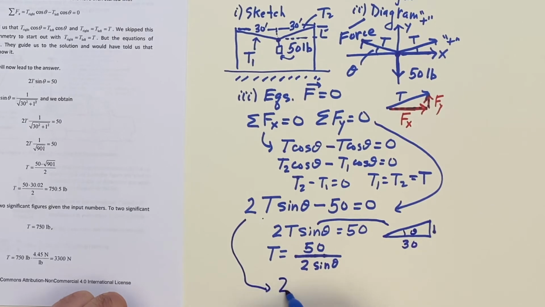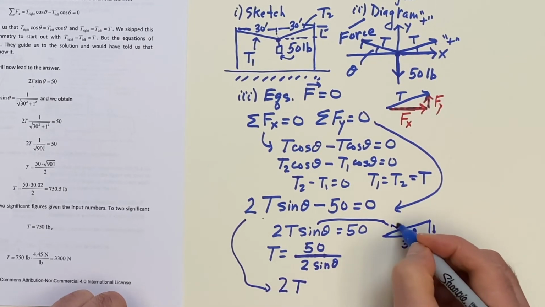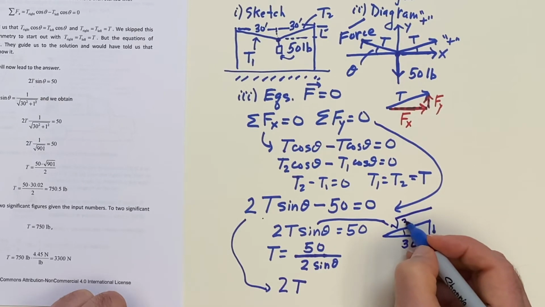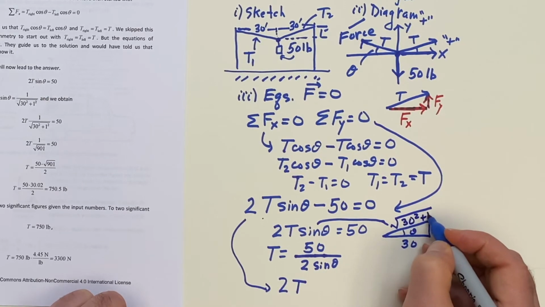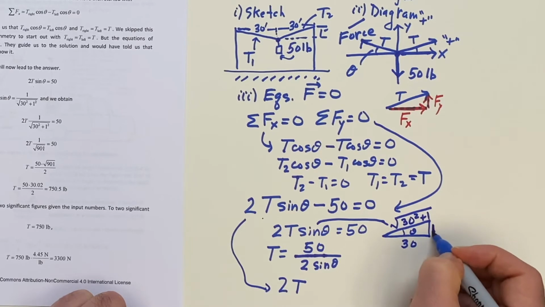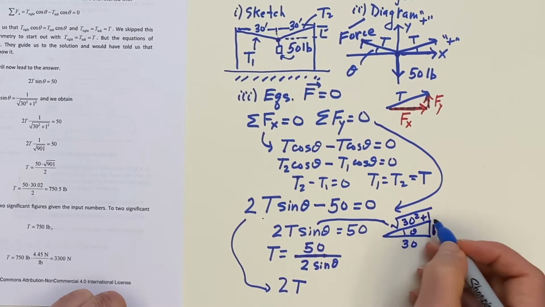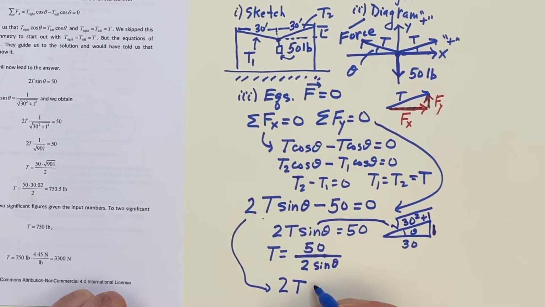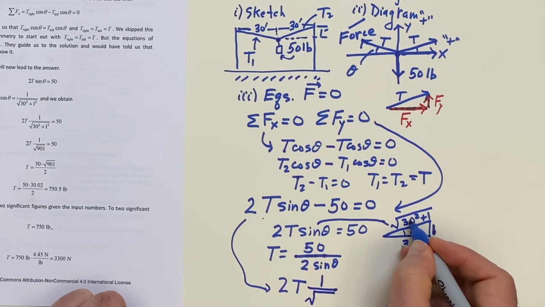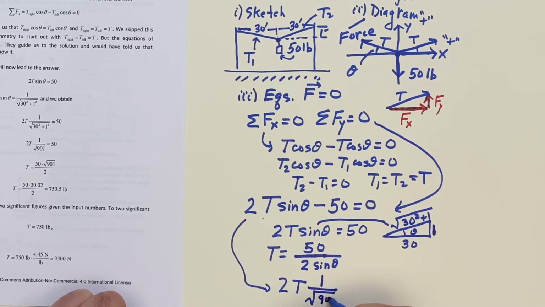I think that might be easier. 2T, the sine is 1 over the square root of 30 squared plus 1, this triangle there. So it's 1, the opposite side over the hypotenuse, and that's 1 over the square root of 900 plus 1, 901, and that equals 50.